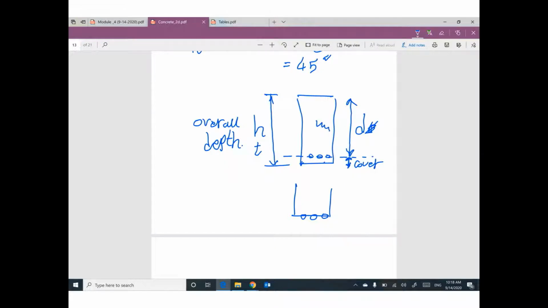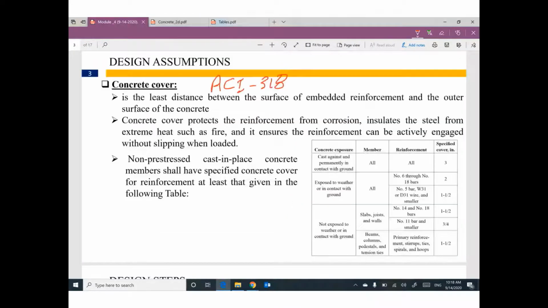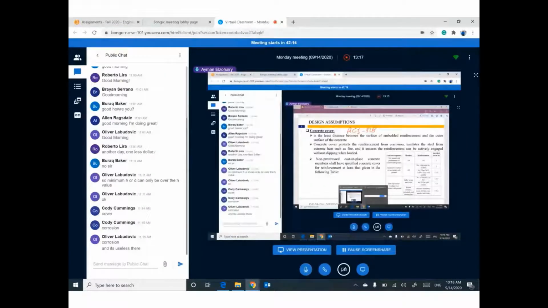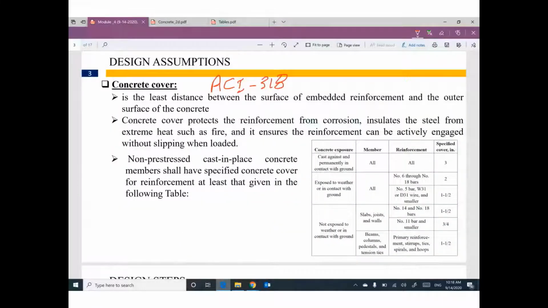For corrosion, to prevent corrosion. Yeah, corrosion is a very bad attack issue for any building. So concrete cover protects reinforcement from corrosion. Insulation of the steel from extreme heat if you have fire. I think the effect of fire on steel is bigger than the effect of fire on concrete.